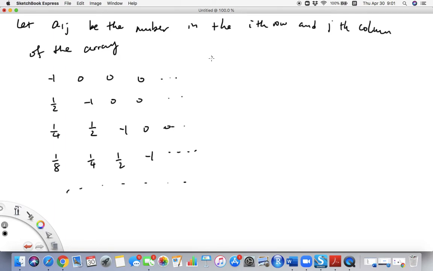In fact, we can write Aij equals 0 when i is less than j, so that's the upper triangular part, and it's equal to minus 1 if i is equal to j, so that's the diagonal, and it's equal to 2 to the j minus i if i is greater than j.